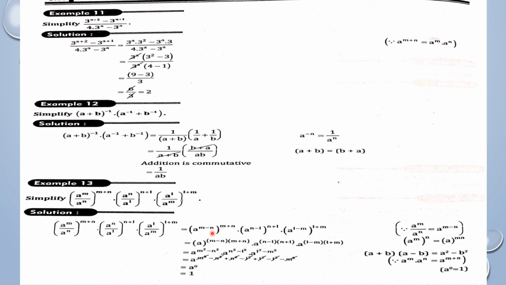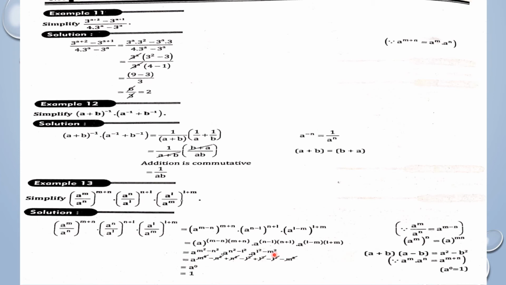So for this m minus n into m plus n, n minus 1 into n plus 1, once again 1 minus m into 1 plus m. So everywhere a is the common base which we have taken. So a plus b, a minus b formula will be a square minus b square. In the same way m minus n into m plus n can be written as a to the power m square minus n square, a to the power n square minus 1 square, a to the power 1 square minus m square.